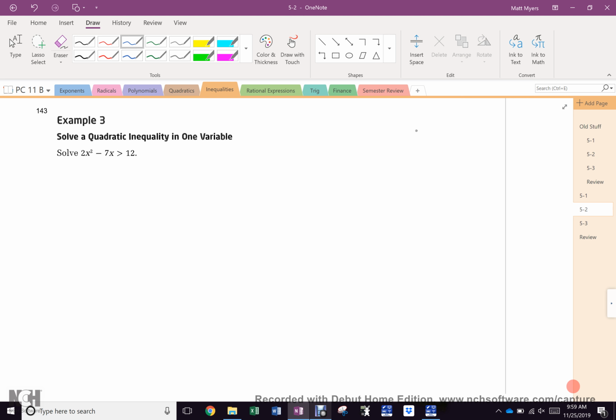So, what would we do with this to make it look like something we want to work with? Manru. Move the 12. What's going to happen to it? So, this would become 2x squared minus 7x minus 12. What then? Is greater than 0. Everybody cool?